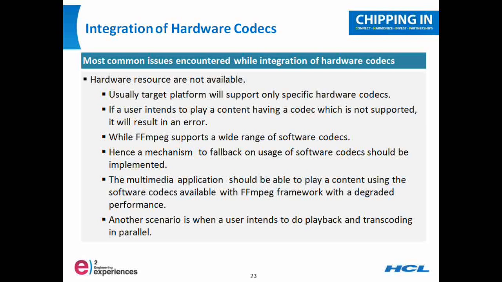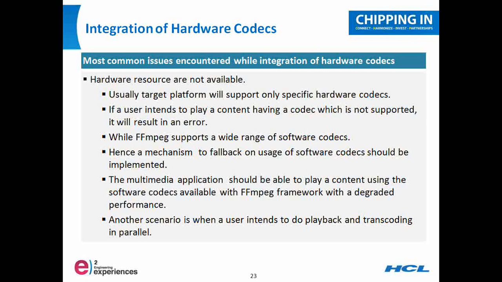Another scenario could be that a user wants to do a playback and a transcoding simultaneously. But in that particular scenario, the hardware resources are limited. We cannot open multiple instances of a hardware codec.